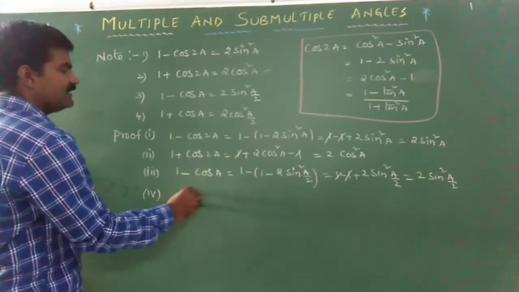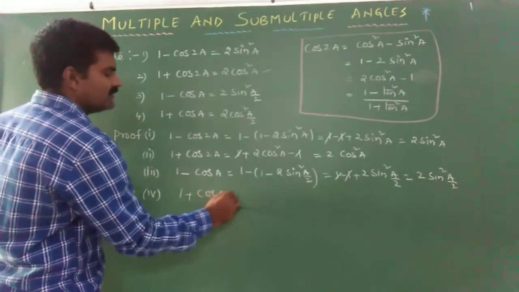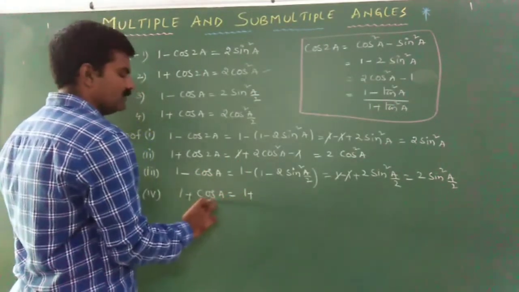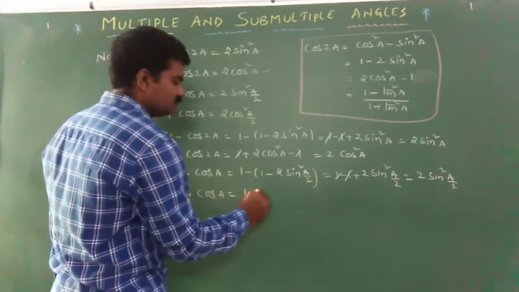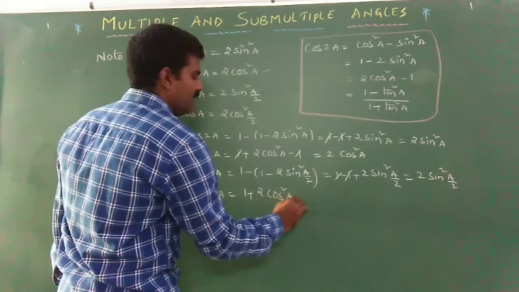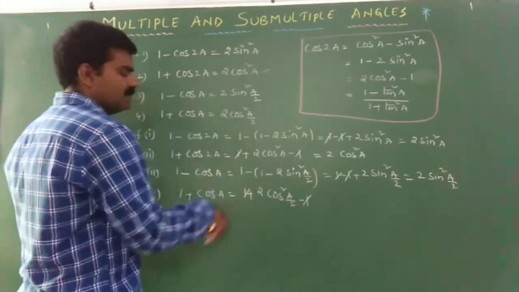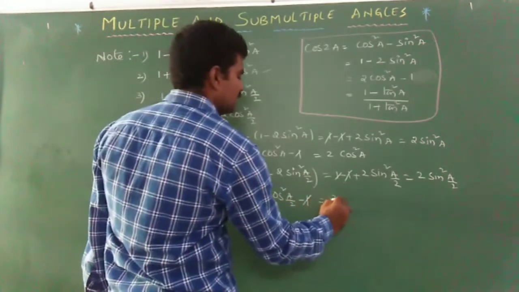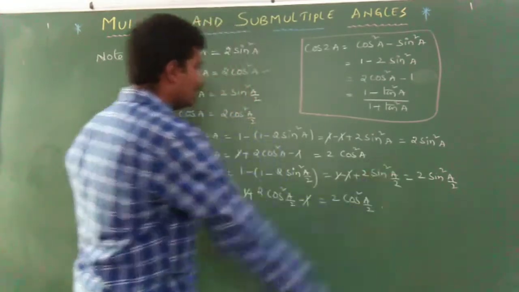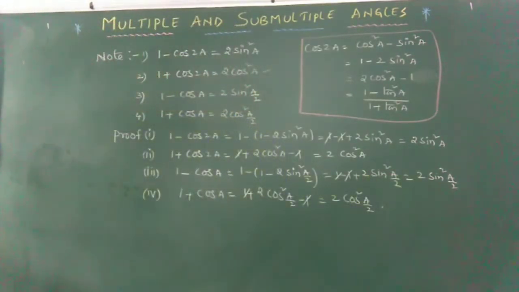In the same manner, we can prove that 1 plus cos a is equals to 1 plus the formula of cos a, which is 2 cos square a by 2 minus 1. Plus 1 minus 1 gets cancelled, which is equals to 2 cos square a by 2. Right?